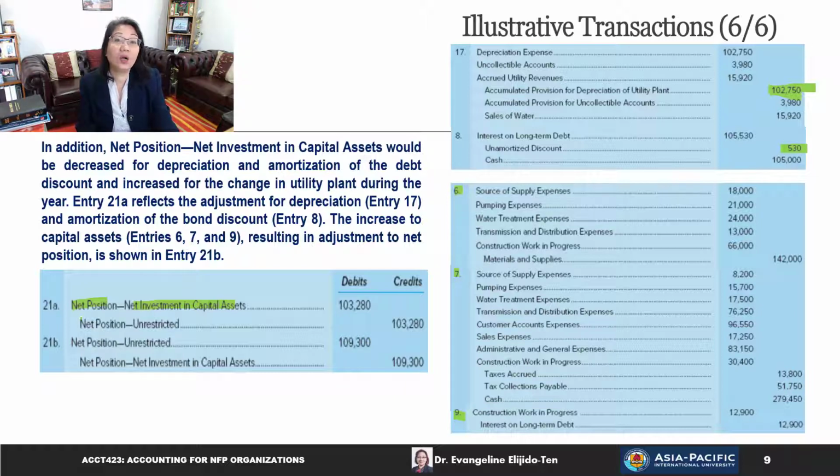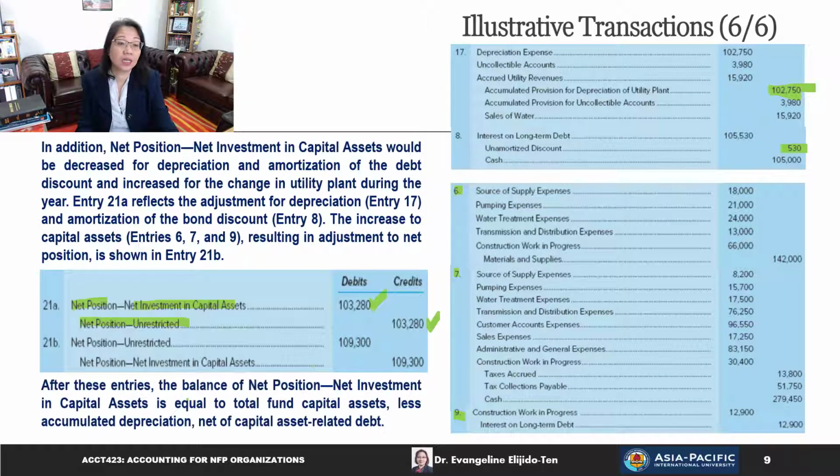And we are going to credit the net position unrestricted for that same amount, 103,280. In 21B, we are going to debit net position unrestricted for 109,300 and credit net position, net investment in capital assets for the same amount, 109,300.